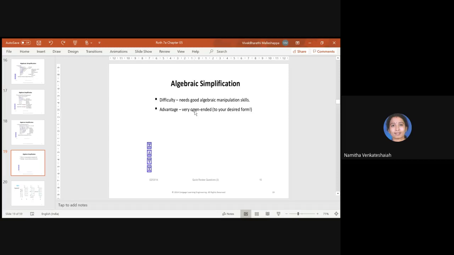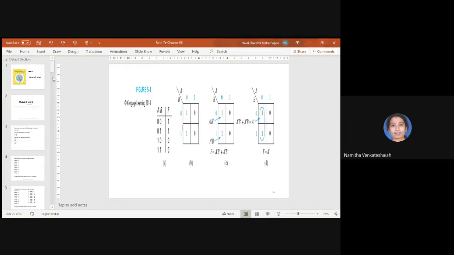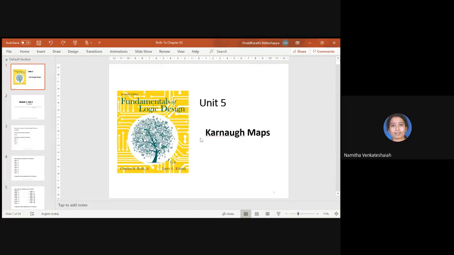So if this is not preferable, what is the preferable solution for simplification? Write down, students. Karnaugh map is the good way of simplifying. That is the name of your module, students. Chapter Karnaugh map.